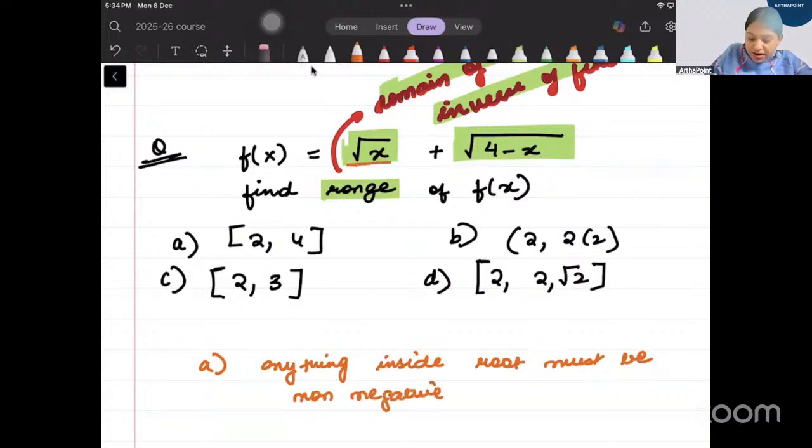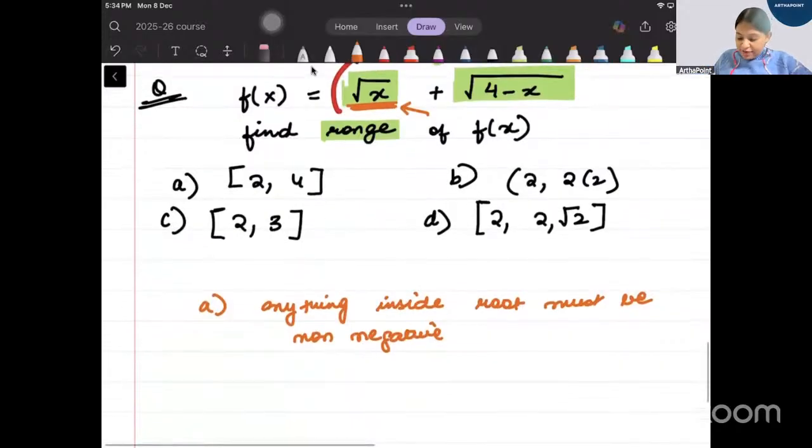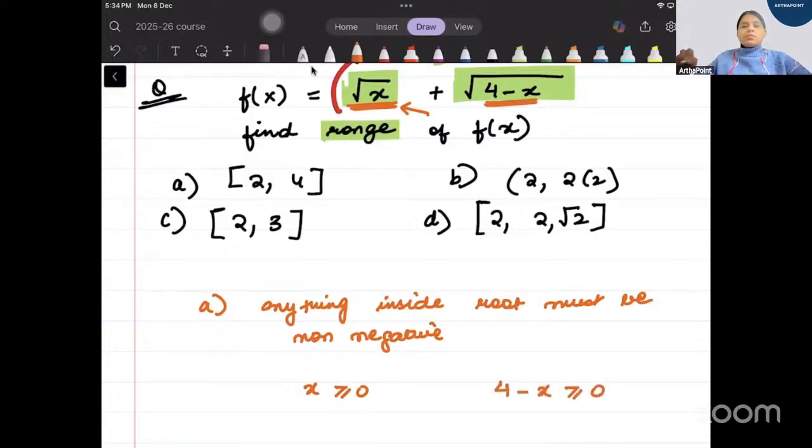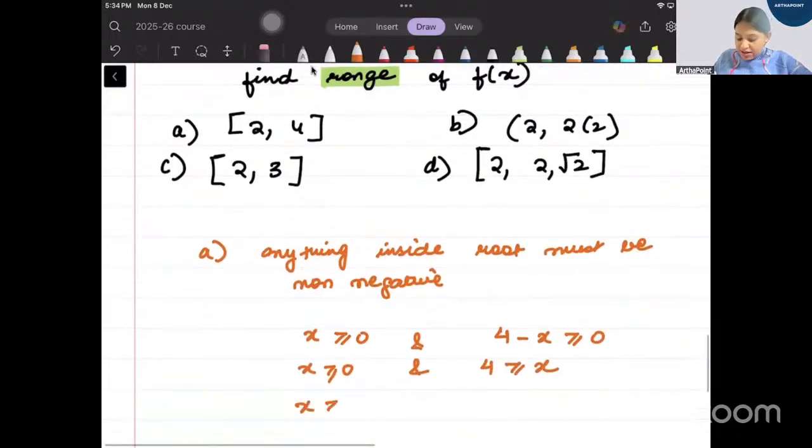That means if I have to plug something here, I cannot put anything negative inside the root. So here I have to put something which is non-negative. Similarly, if I have to put something here, I cannot put something random. I have to put something non-negative. So from here I get x greater than or equal to 0 and 4 greater than or equal to x, that means x greater than or equal to 0 and x less than or equal to 4.